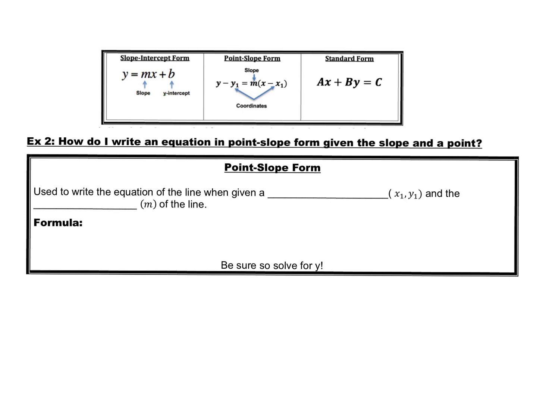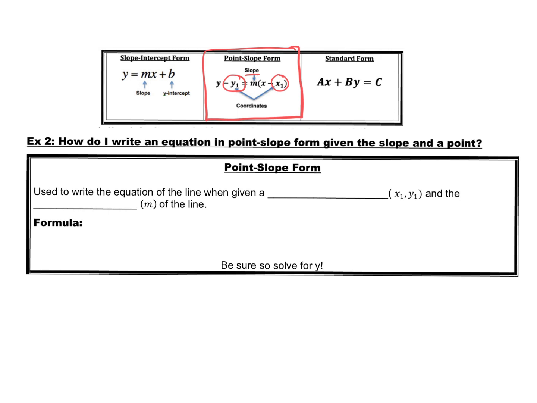Example 2, how do I write an equation in point-slope form given a slope and a point? We're going to be using a new equation, which is called the point-slope form. What it basically entails is a slope, which is our m, and then the x1 and the y1 are the coordinates from a point that is on the line.